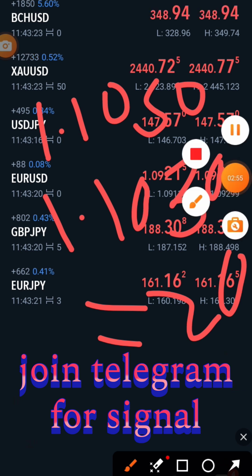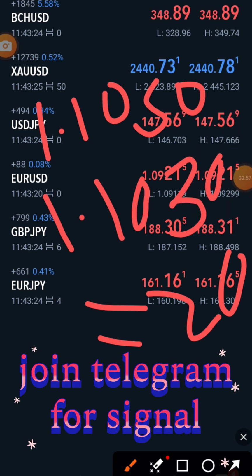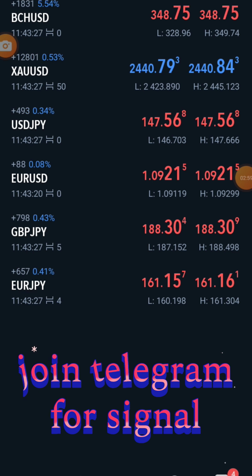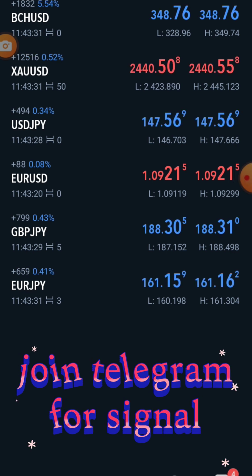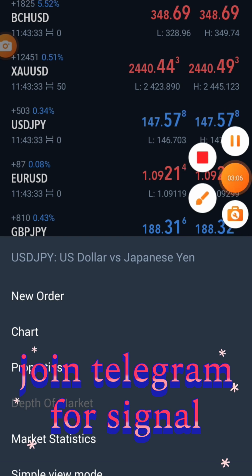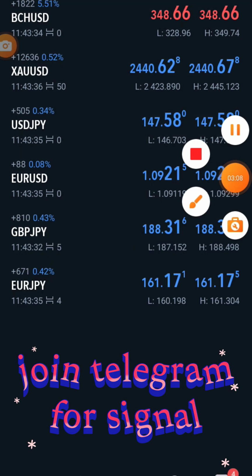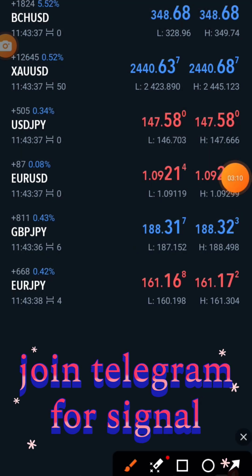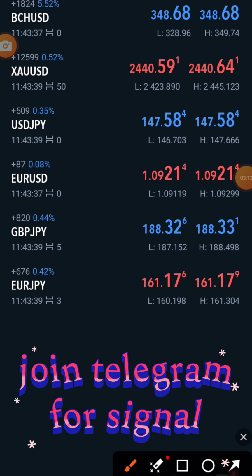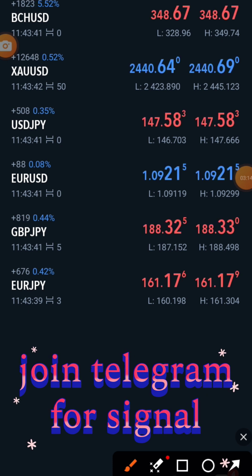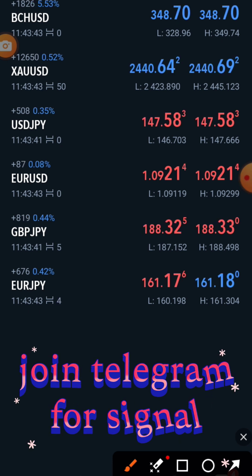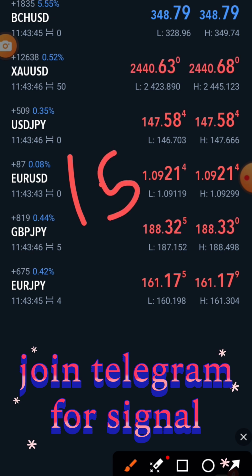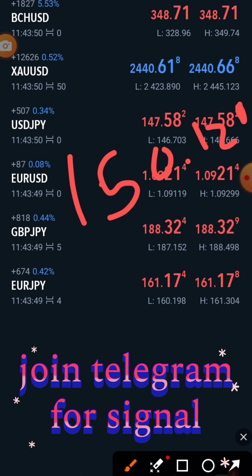For example, in USD/JPY it is calculated up to 3 places. For example, the price of USD/JPY was 150.120.